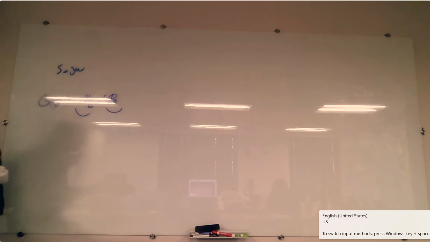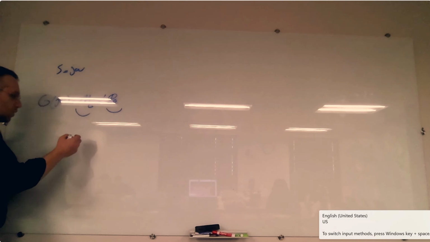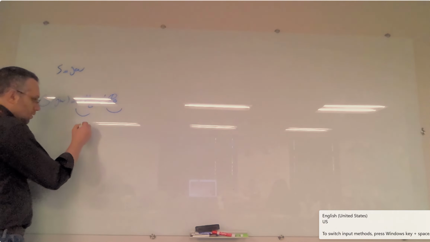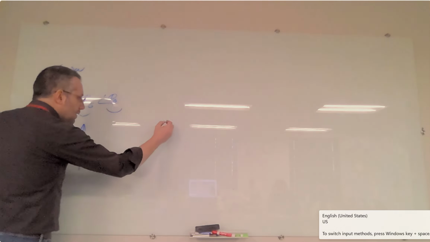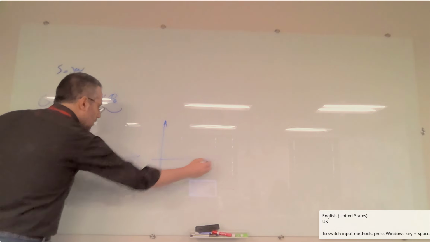Through the Bode plot, we want to represent the M and the phi individually.